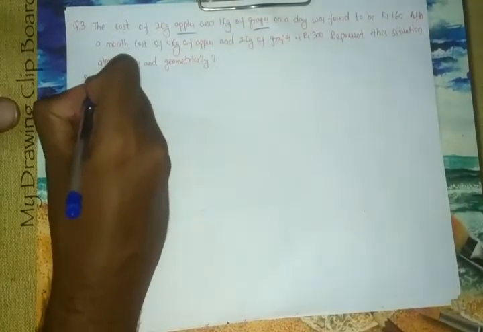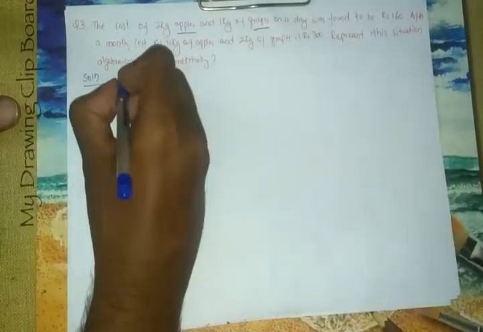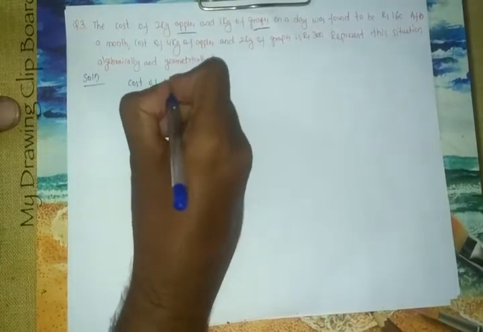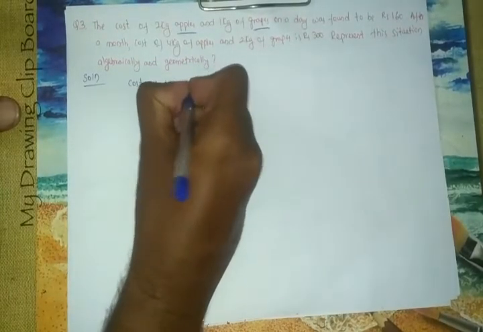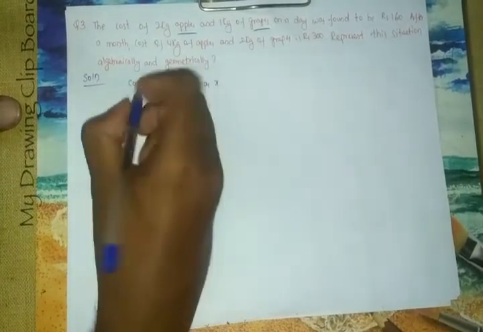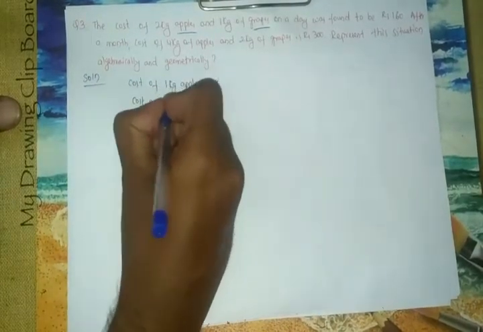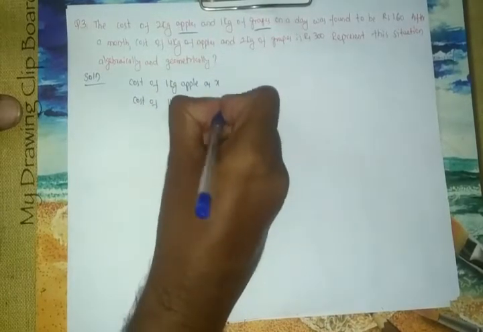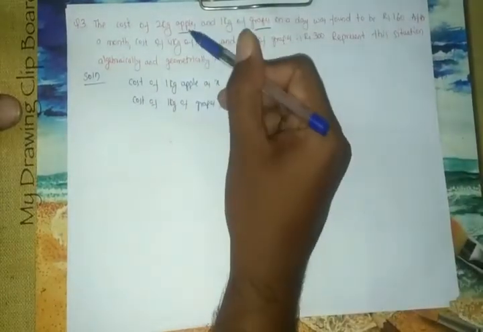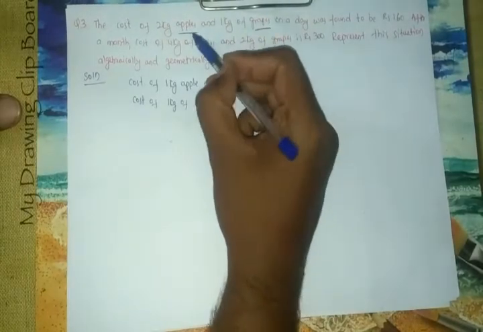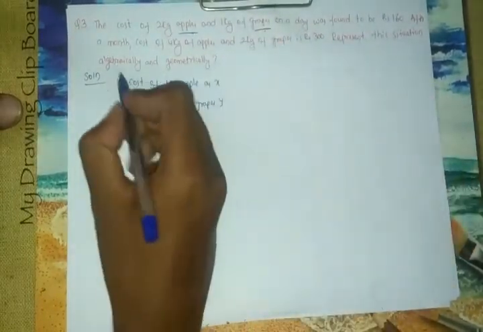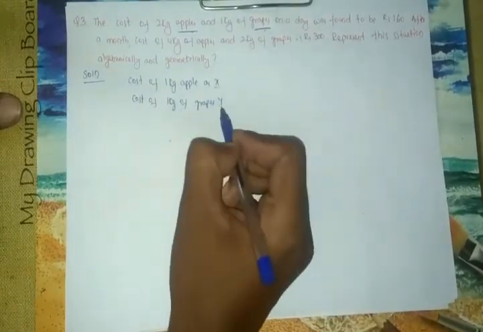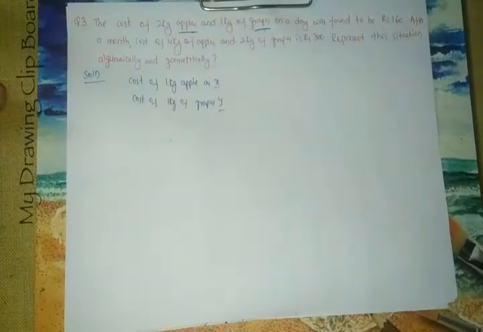So I will take the cost of 1 kg apple as x and the cost of 1 kg of grapes as y. I have found the variables as x, that is apples, and y, grapes.